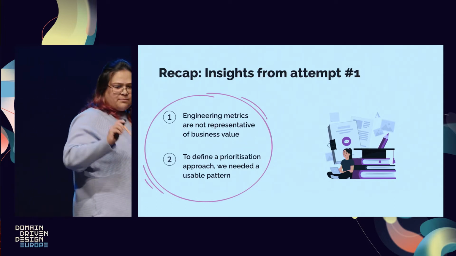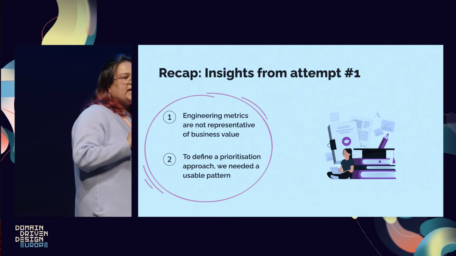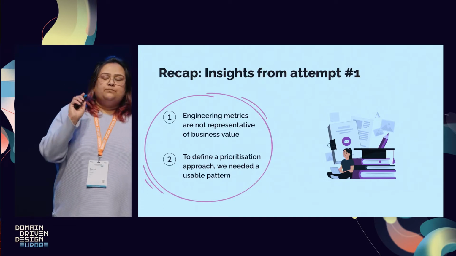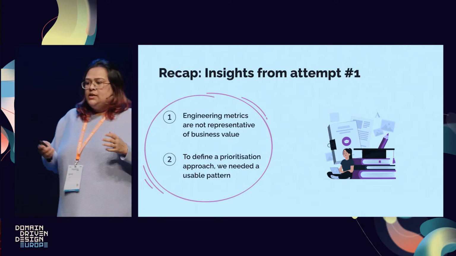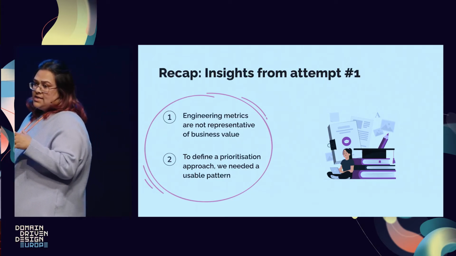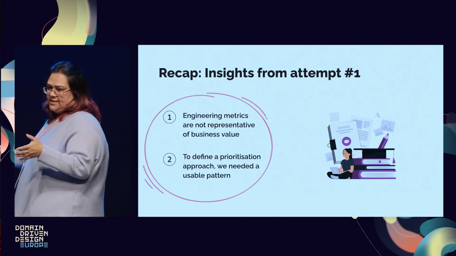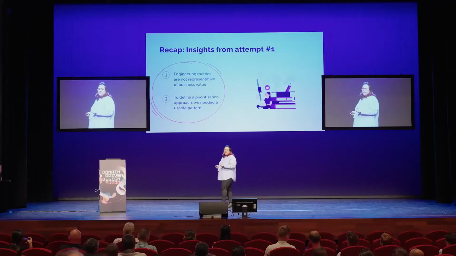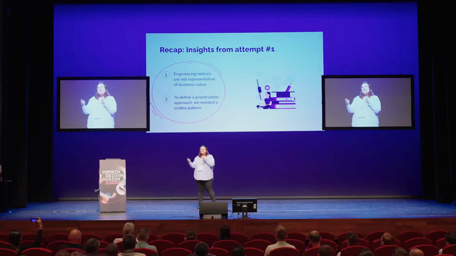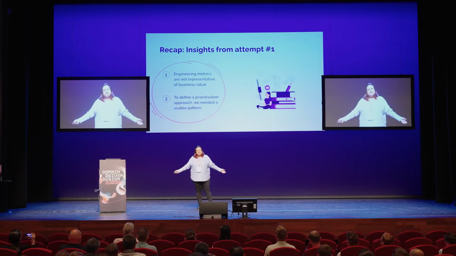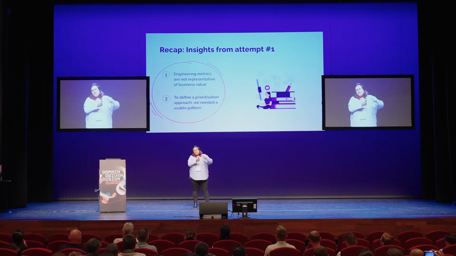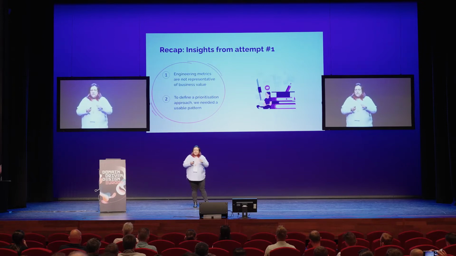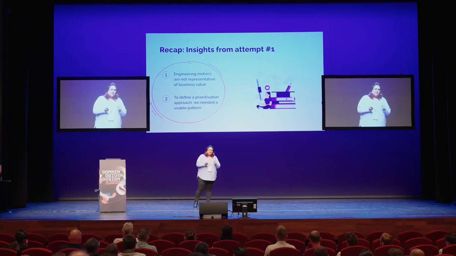So if you remember the first two sets of insights that we had from our component diagrams and engineering-led analysis, we learned that engineering metrics are not representative of business value. We also learned that we needed a pattern to get to a prioritization approach. So even though we took those two insights with us, we gained more insights at this point.